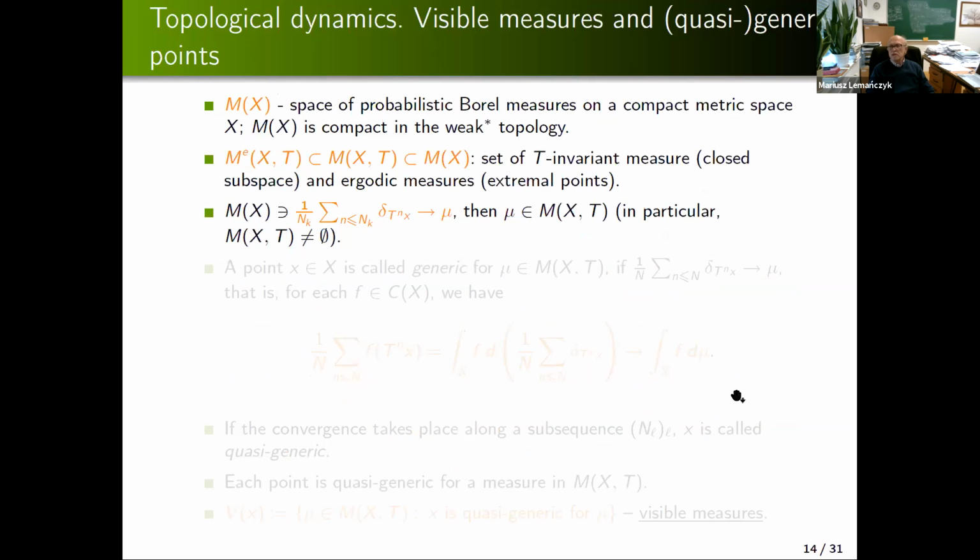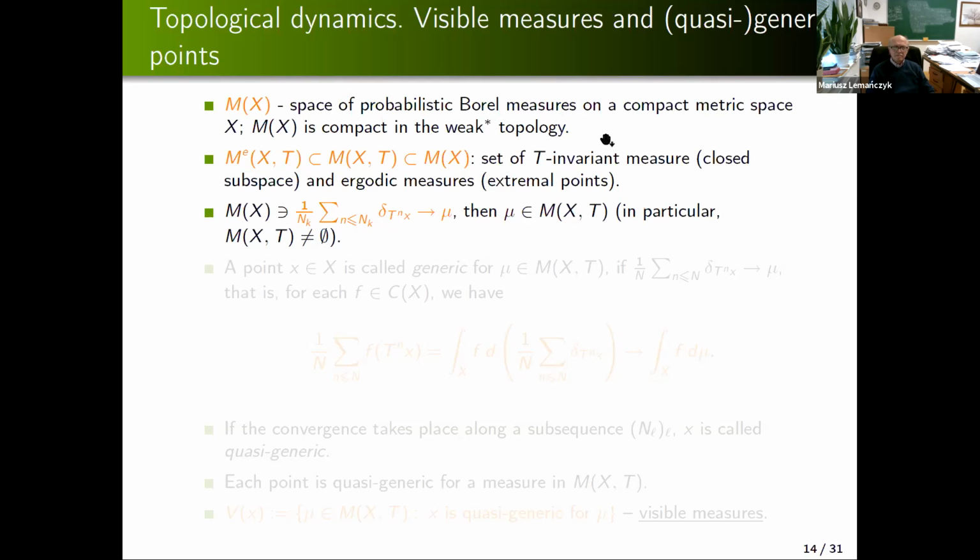So then we need a way to pass from topological dynamics to ergodic theory. You remember that in ergodic theory we need measures which are invariant measures. So okay, we start with a homeomorphism T, which is defined on a compact metric space. On this compact metric space, we consider the space of probability Borel measures.